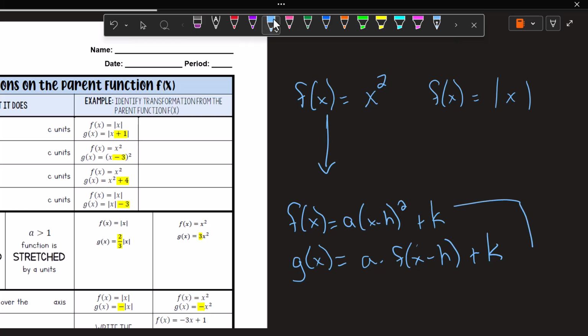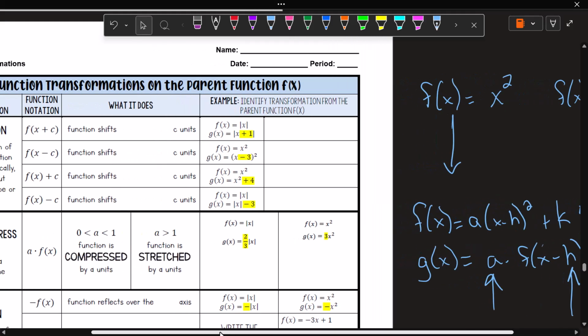So these are the same things. They're just written differently. The number in front, the a, tells us how wide or narrow it is. The h tells us left and right, and k tells us up and down. But let's look at this some more.